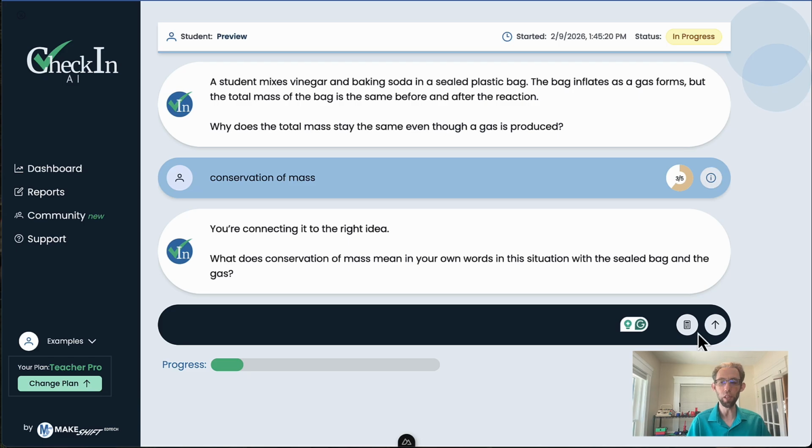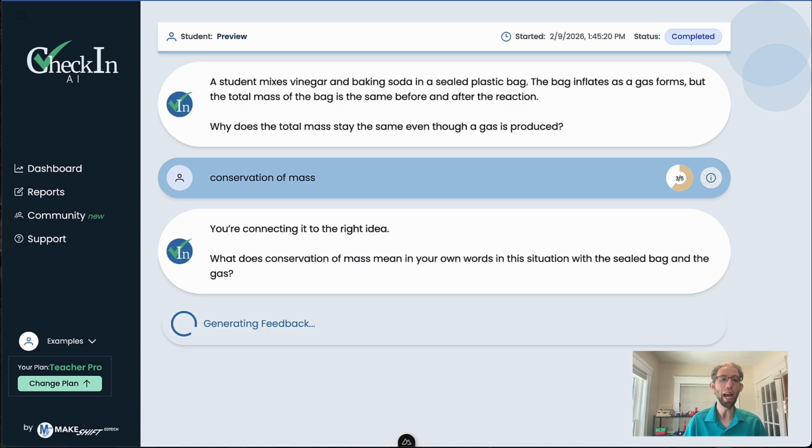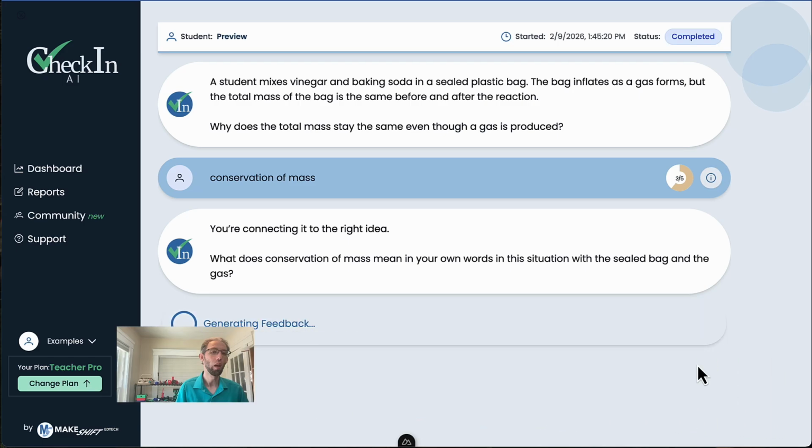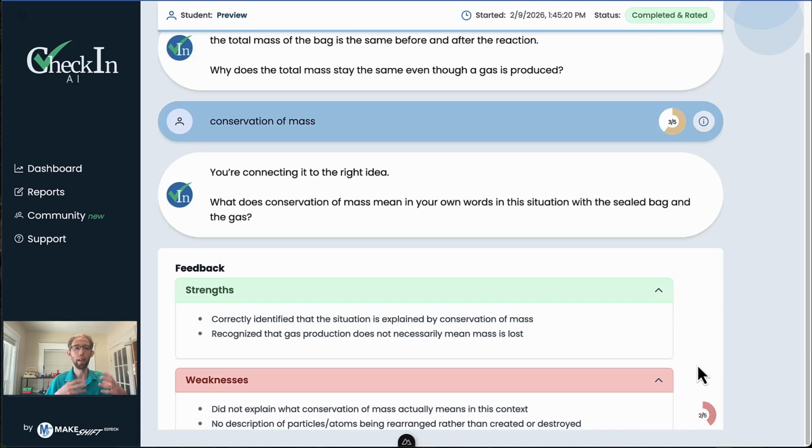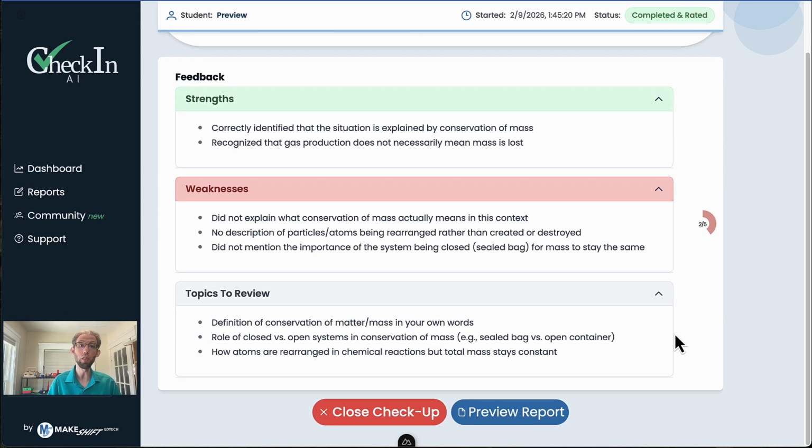Now, I'm going to end the conversation here for now to show you what happens when the conversation ends. Once the conversation ends, either they've answered fully or they've hit the maximum number of questions, the AI gives an overall rating as well as a list of strengths, weaknesses, and topics to review. The idea behind this is to empower the students.